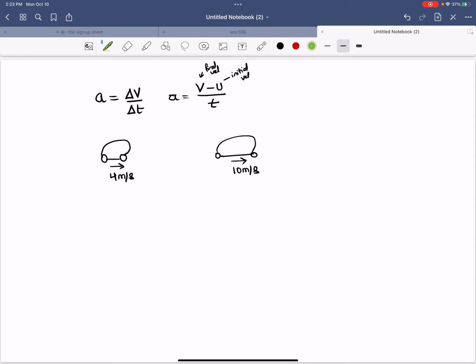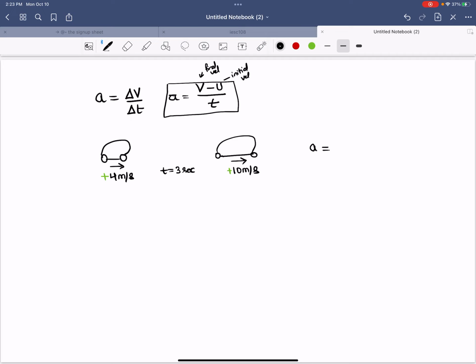Well, it's moving to the right, so it has to be positive. So both of them are positive. Let's say the time it took to go from 4 meters per second to 10 meters per second is 3 seconds. The question is, what is the acceleration? So look at this equation over here.